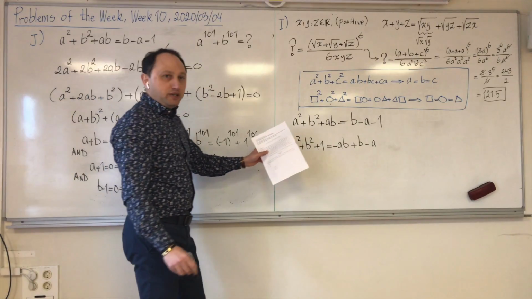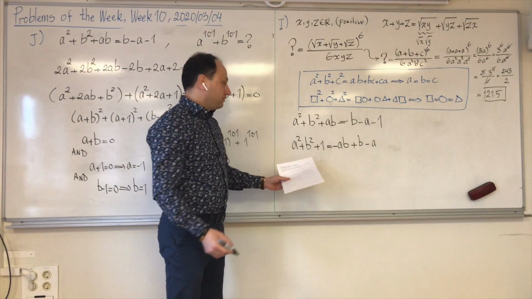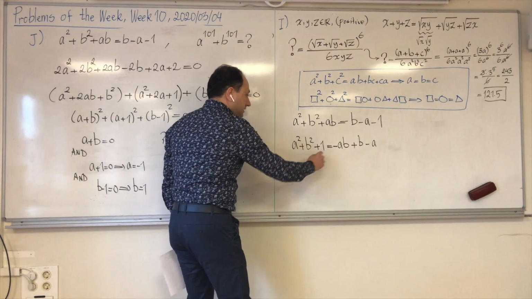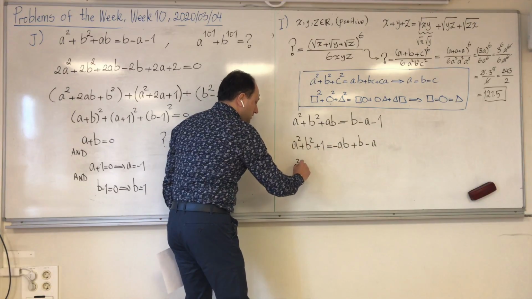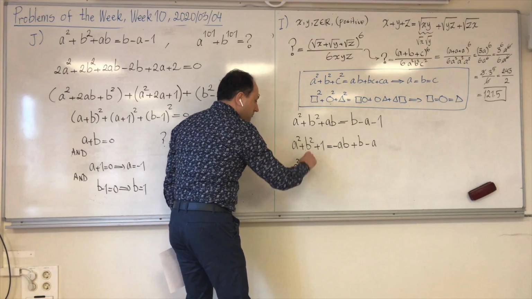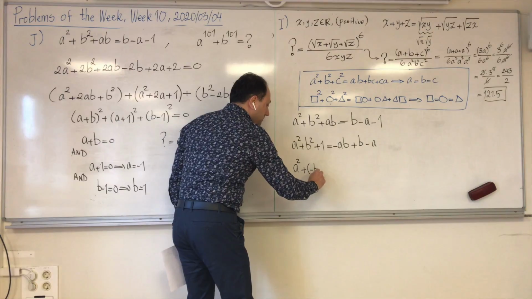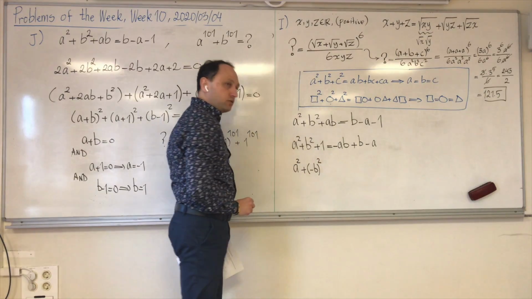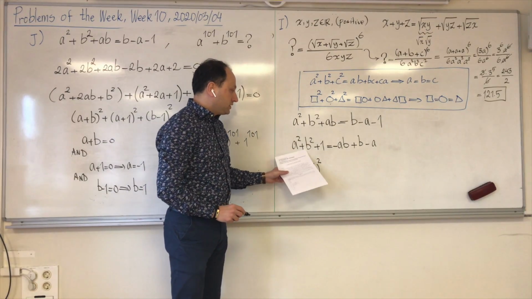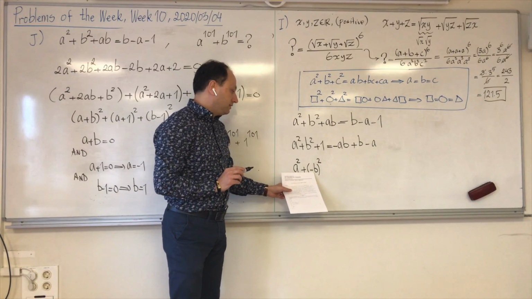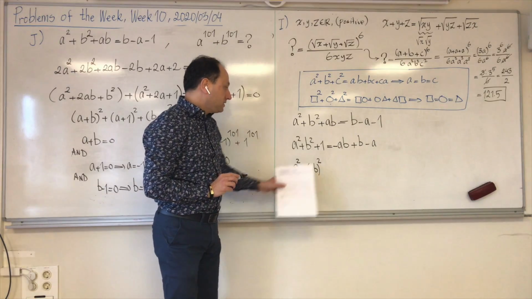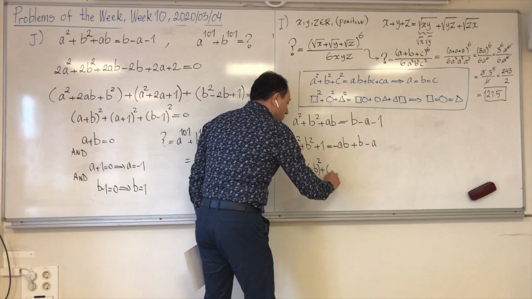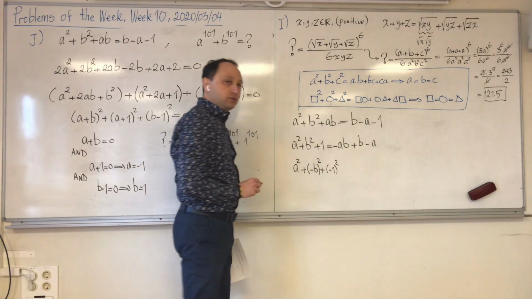But if you are a little bit observant and experienced, of course, you can immediately realize that this can be written in this form. A squared, instead of b squared, I put (minus b) to the 2. Is that okay? Minus b to the 2 is the same. You need to wait a little bit to see why it works. And then instead of 1, I put (-1) to the 2. That's also correct.